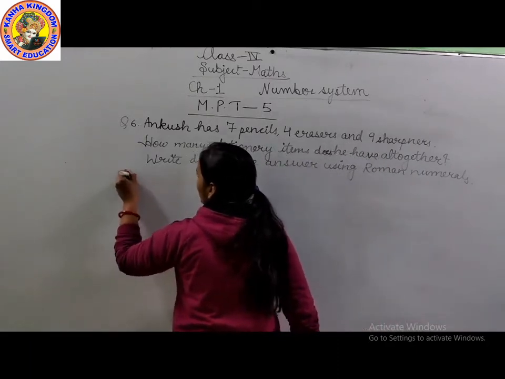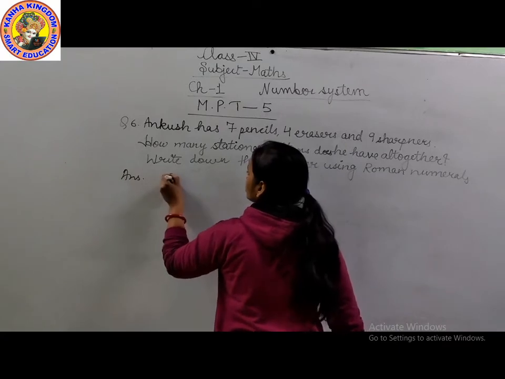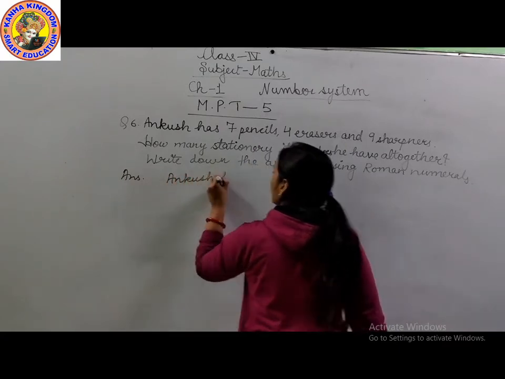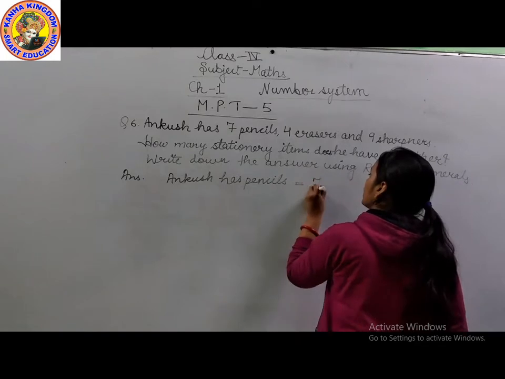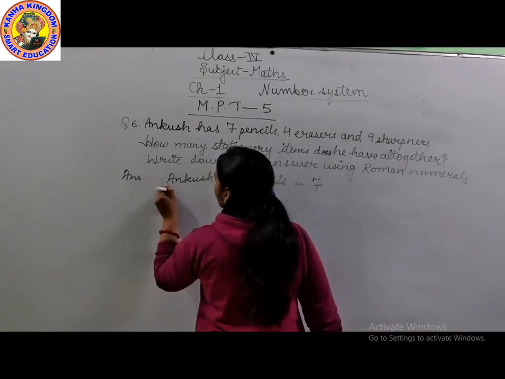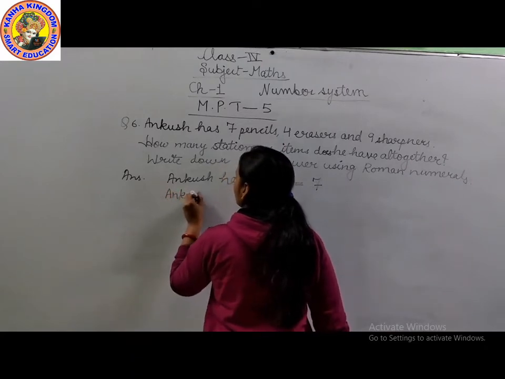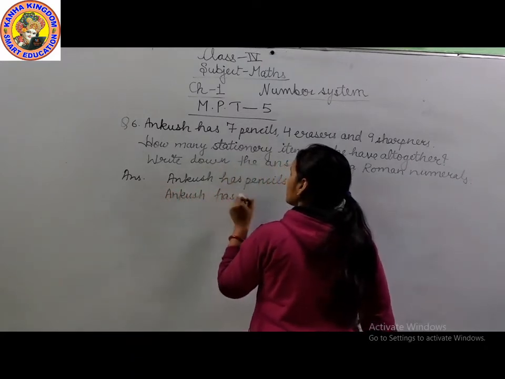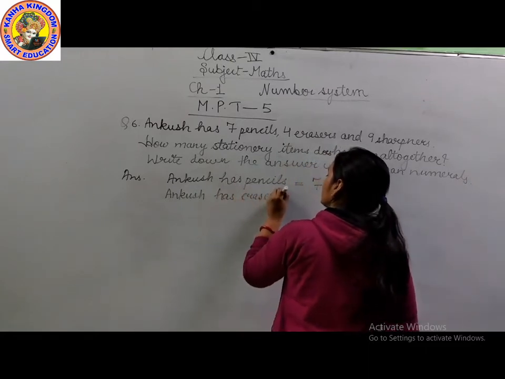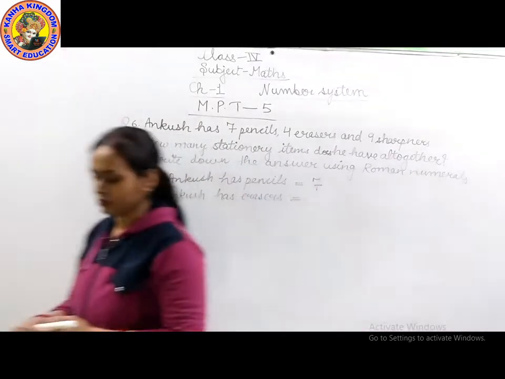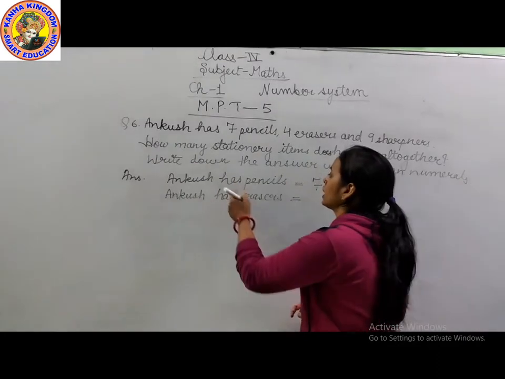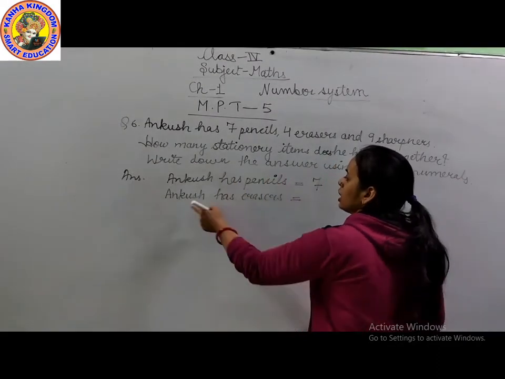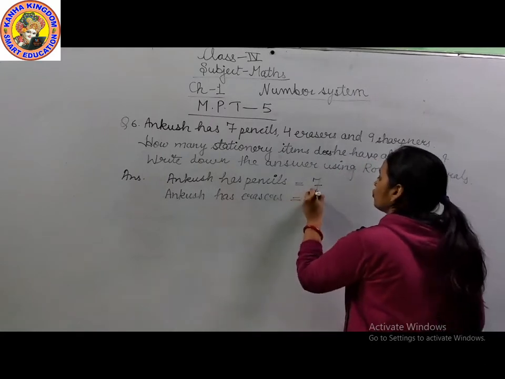So Ankush has pencils 7. Ankush has erasers 4.